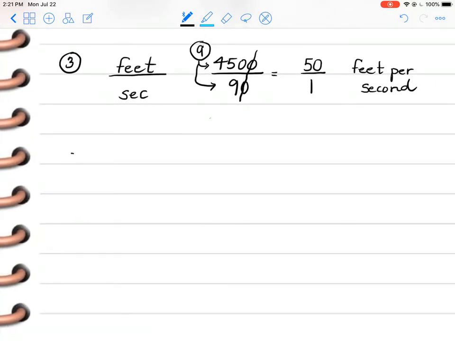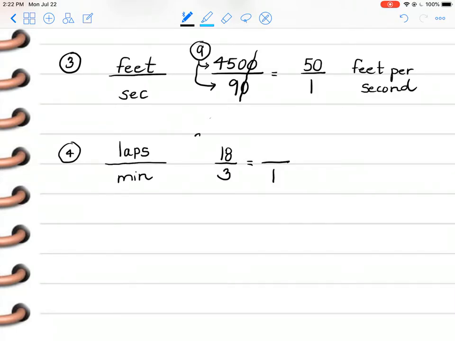Okay, number 4. We have laps and minutes. Now your problem says 3 minutes for 18 laps, but remember I want my unit of time on the bottom. So I'm going to say if you can do 18 laps in 3 minutes, how much can you do in 1 minute?